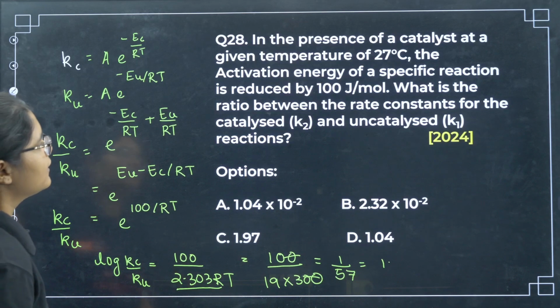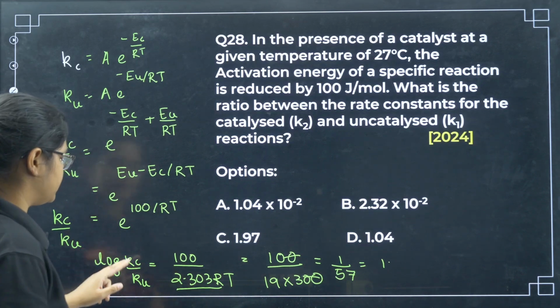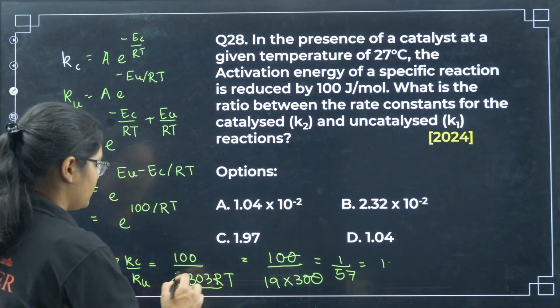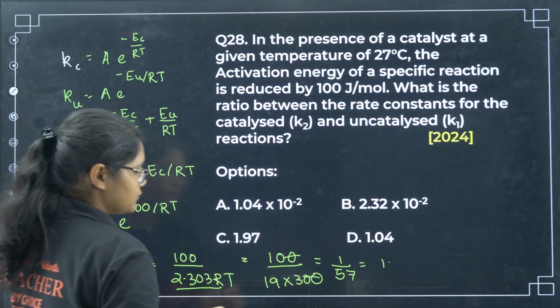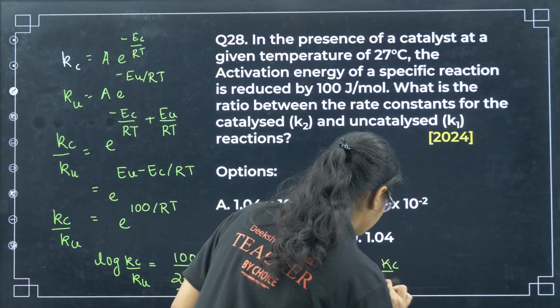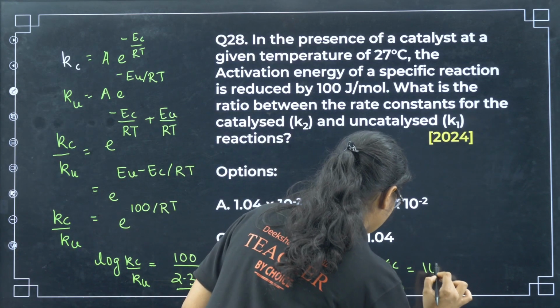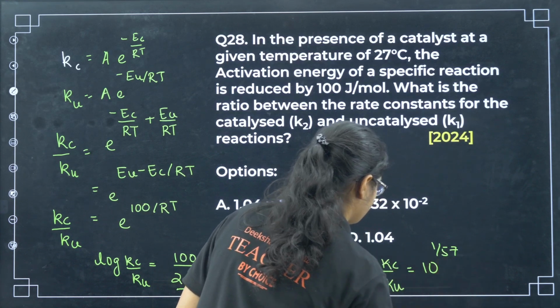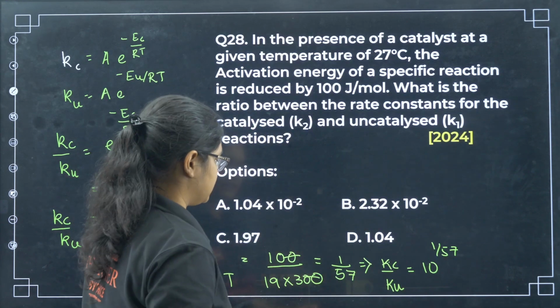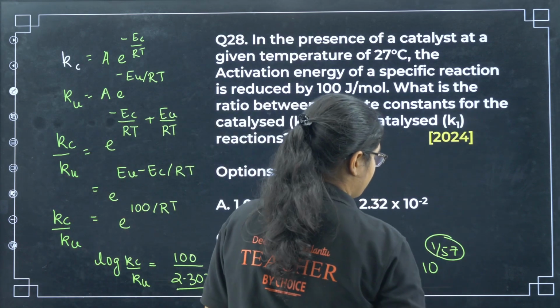So what you have to find? The ratio between these two, right? So Kc by Ku I have to find out. So I got this one, 1 by 57. So what is Kc by Ku? That is 10 to the power of 1 by 57, right? Now if you see this one, how much is 1 by 57?